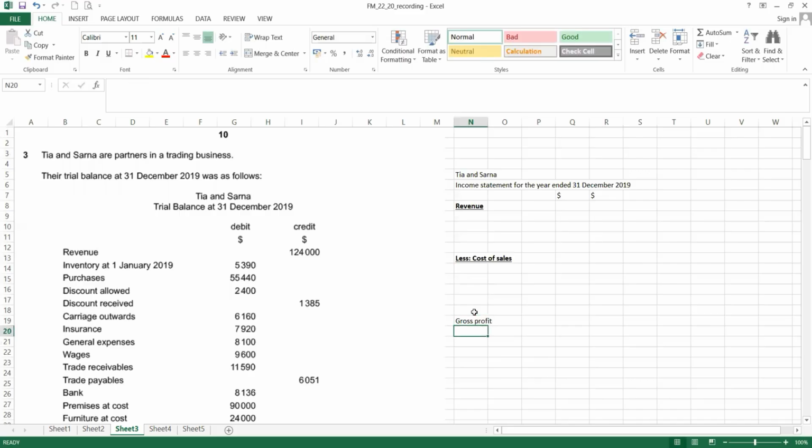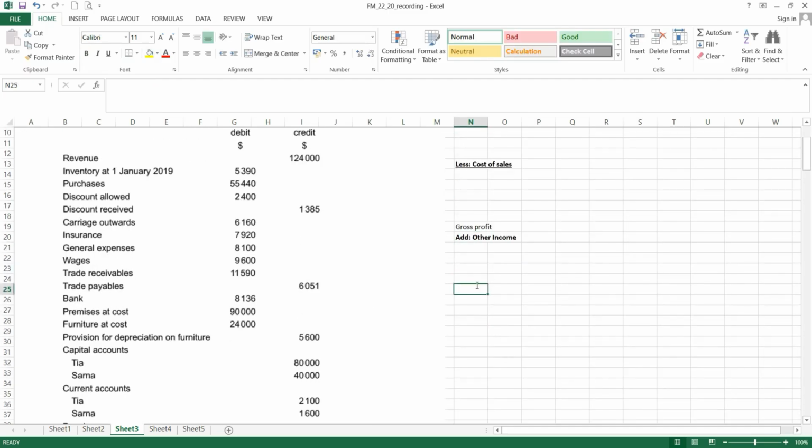After that, add other income. We don't know whether there is any or not. We just put it down first. Later on, we will see. And then after that, less expenses. So these 4 sections, and the last is the profit for the year, because the income statement is to find the profit for the year.